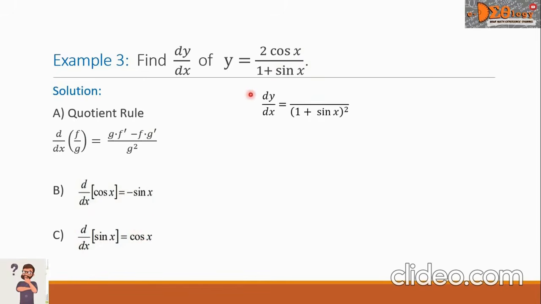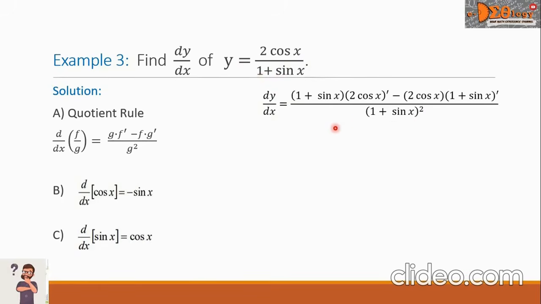So we have dy over dx equals, we will apply the quotient rule, first by squaring the denominator. 1 plus sine x is now squared here. And then in the numerator, we're going to write 1 plus sine x, that is the g function, times the quantity which is the derivative of the numerator.